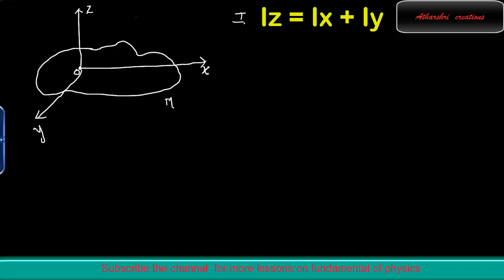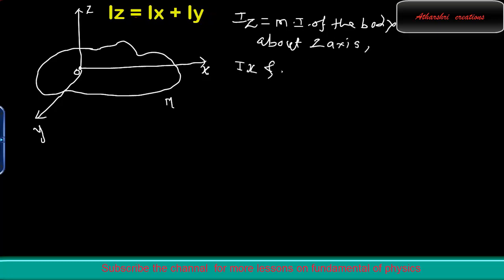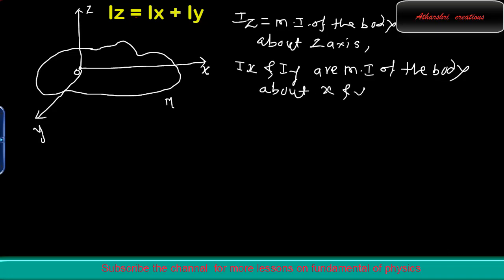If Iz is the moment of inertia of the body about the z axis, and similarly Ix and Iy are the moments of inertia of the body about the x and y axes respectively, then using the principle of perpendicular axis we can write Iz equal to Ix plus Iy.